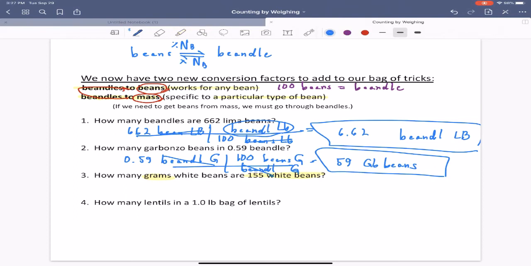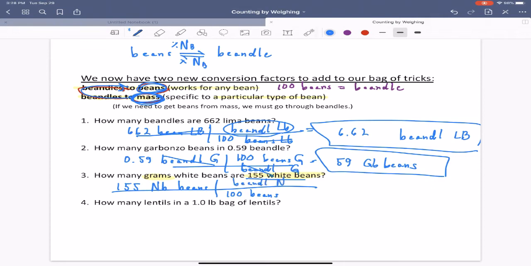So how many grams are 155 white beans? I'm starting with the given, 155. White beans are actually navy beans, which is a little bit confusing. And I'm talking about the unit, the individual bean. And if I want to go from grams, which is a mass, to beans, I have to go through beandles. Well, 100 beans of any type is a beandle.